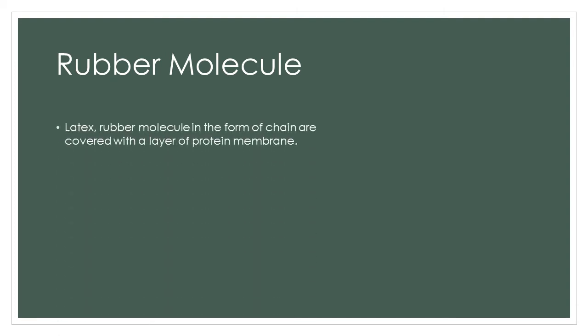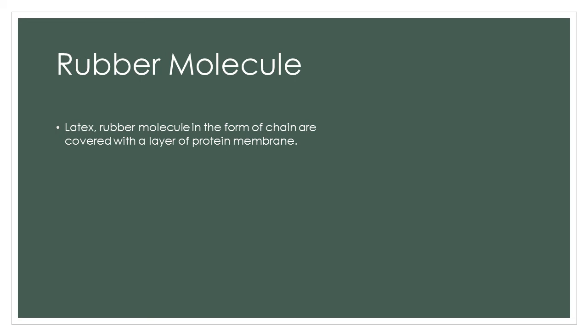So now we learn more detail about the rubber molecule. Latex is the name of the rubber molecules in the form of chains covered with a layer of protein membrane. Remember our topic is still polymer. A polymer is a long chain of monomers.